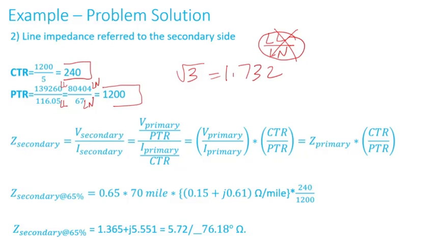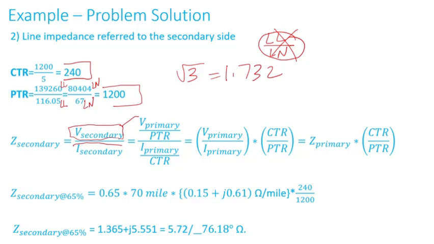Then the secondary impedance, we know it's just Ohm's law, voltage of the secondary side divided by the current of the secondary side. Then I want to use the ratios to refer from one side to the other. The secondary voltage is the primary voltage divided by the PT ratio.